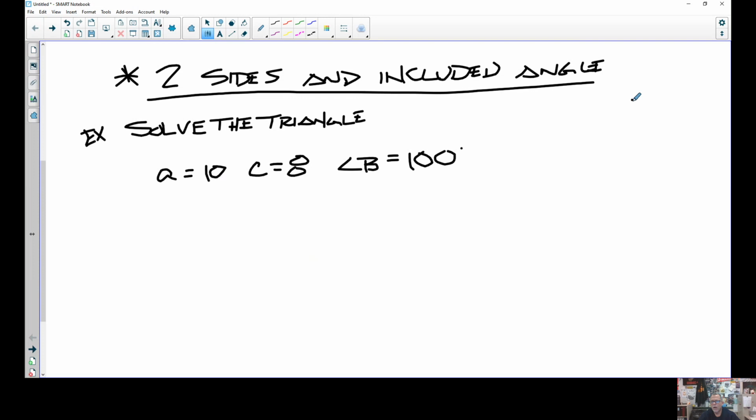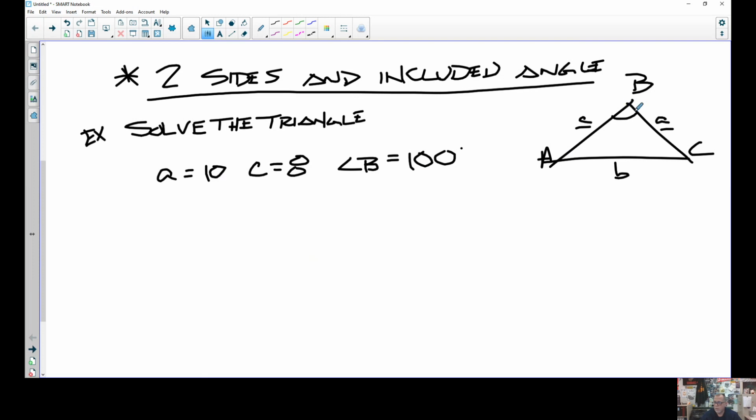Now, again, if we just sketch out a quick triangle where I've got A, B, and C, they gave us A, they gave us C, and they gave us angle B.